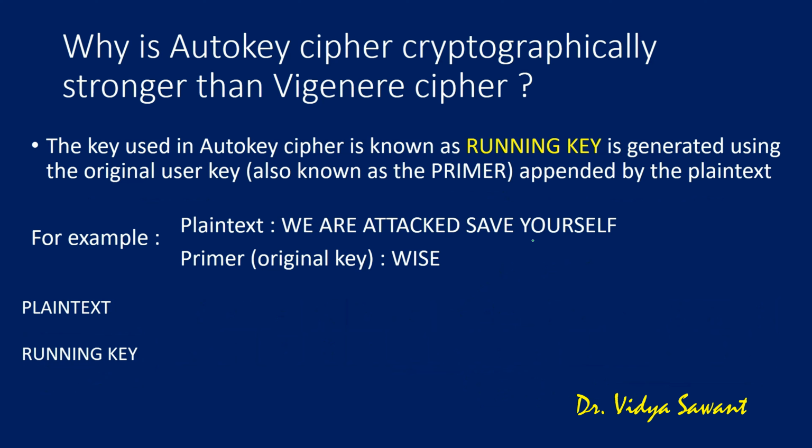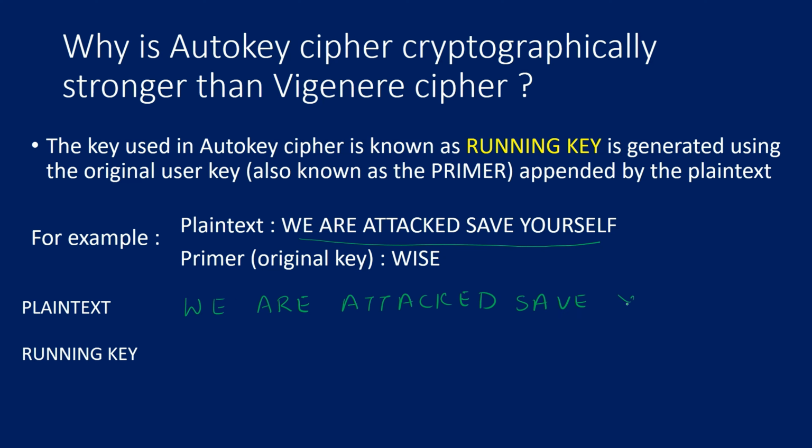Let us take one more example of a running key. Let me say I have been given this particular plain text which has to be encrypted. So it is VR attack save yourself. Now the original key that is given is wise. So we fill up this WI. Now since space indicates there is no letter to encrypt, I fill up SE in the next locations. Now the keyword has been exhausted.